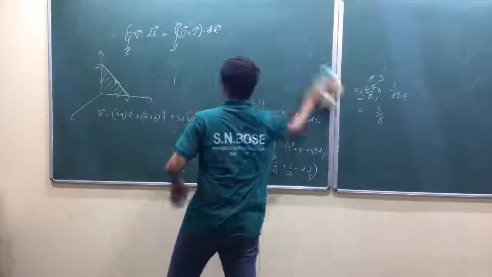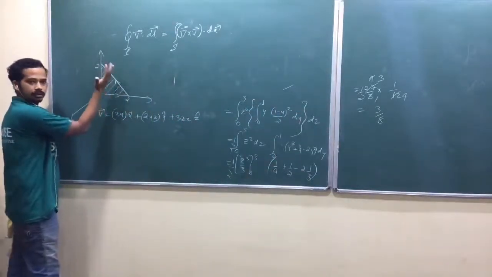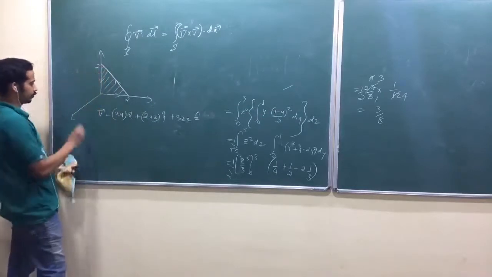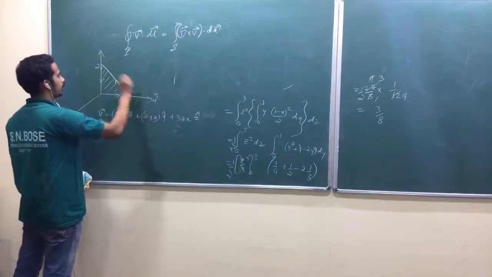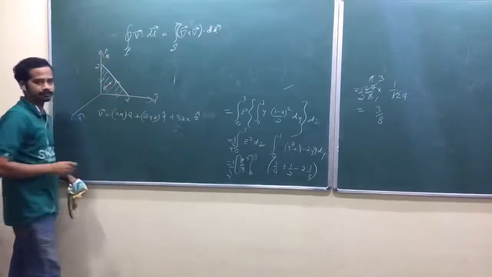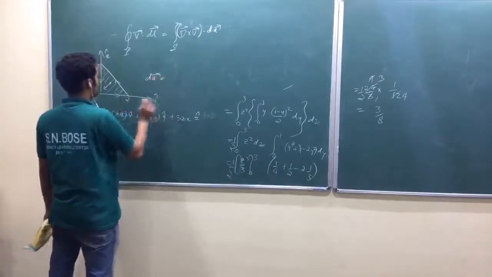So now I have already shown the path integral direction. It is in this direction. That's why your area vector should be along this direction, along x cap. What is the elementary area?